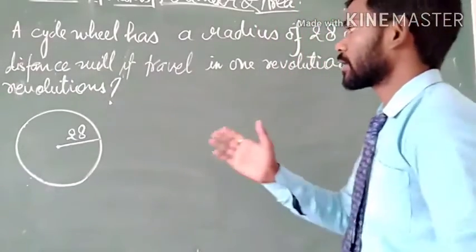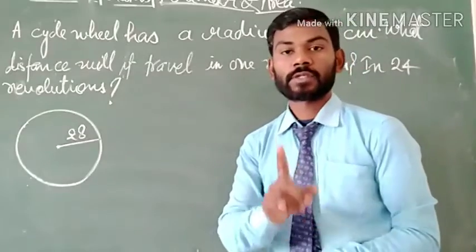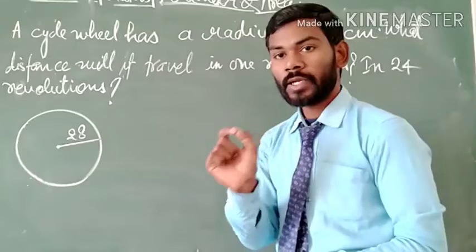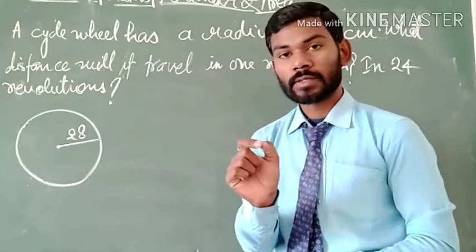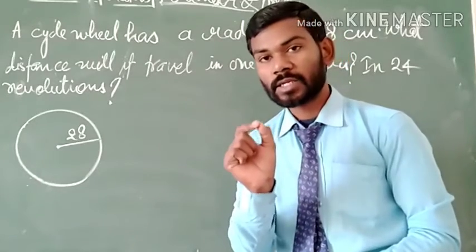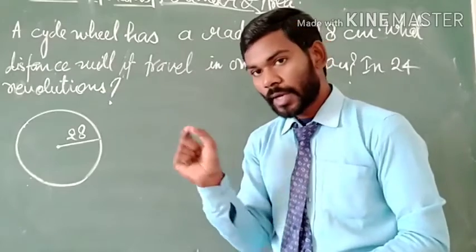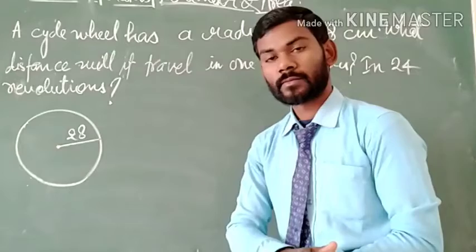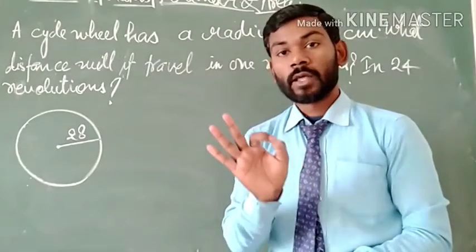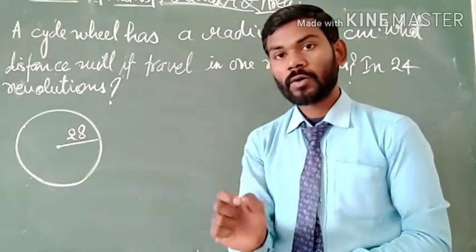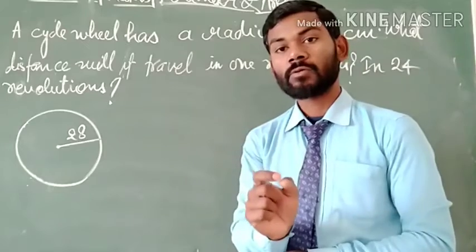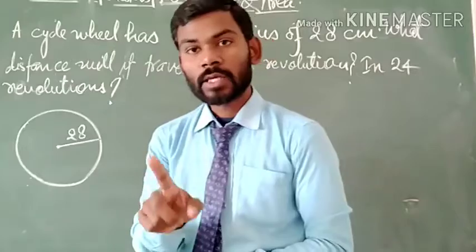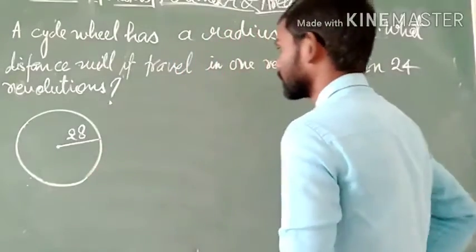What distance will the wheel travel? So just listen to me carefully. The total length of circumference will be the distance traveled by the wheel in one revolution. The circumference of circle will be equal to the distance covered in one revolution.